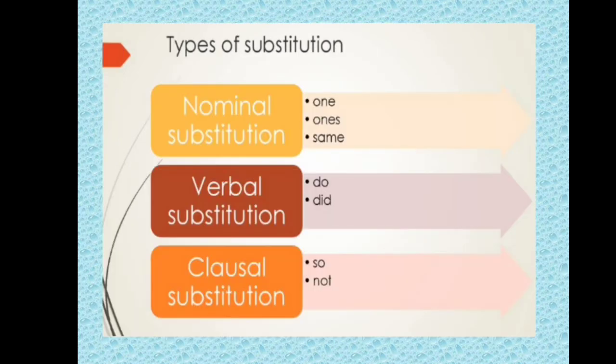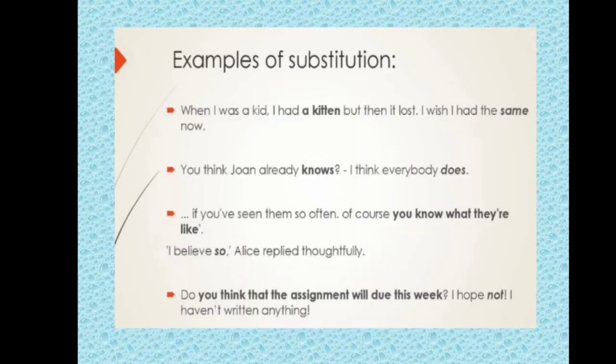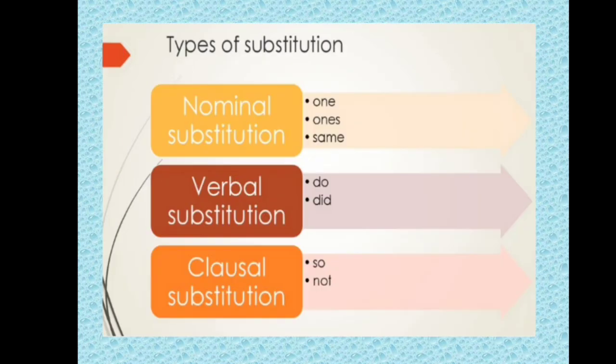Nah, kita lihat sebelumnya itu ada kata do, did, does. Itu adalah verbal substitution. Dan yang ketiga, if you've seen them so often, of course you know what they are like. I believe so, Alice replied thoughtfully. So, itu masuk ke clausal substitution.